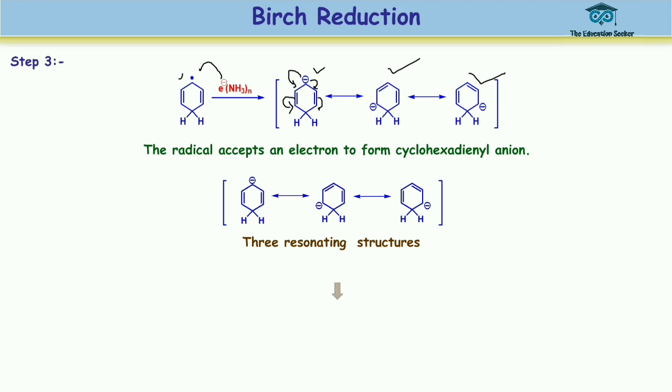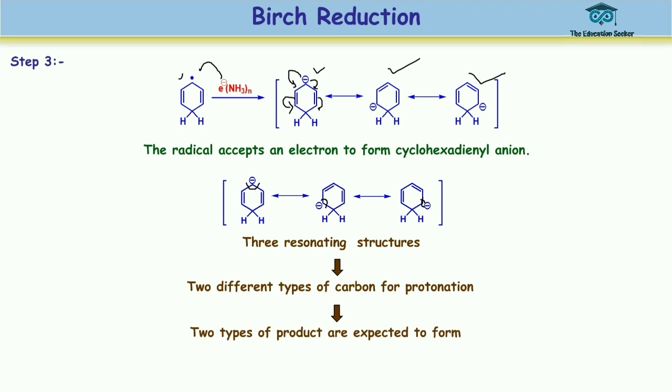Now if we consider protonation of this anion, two different types of carbon are available for protonation. This carbon and this carbon are basically equivalent, so they are of one type, and this carbon is completely different, so it is of another type. So we may expect that two types of product will be formed in the reaction medium.